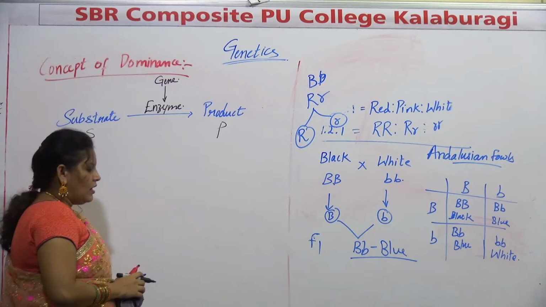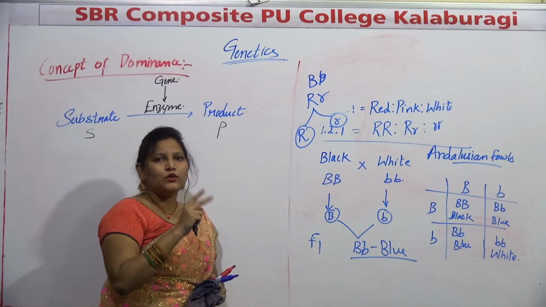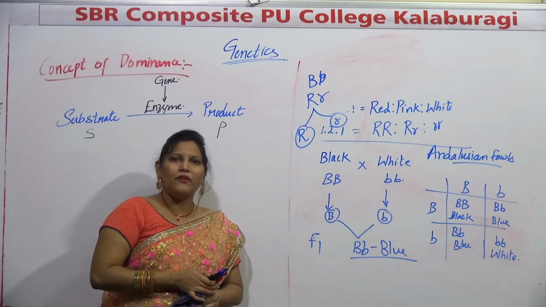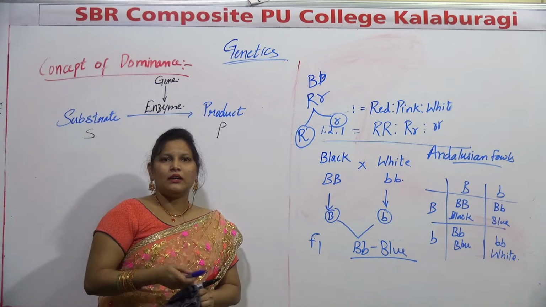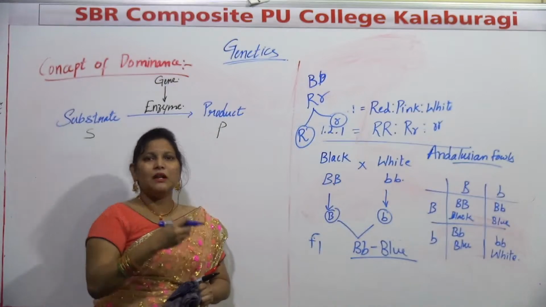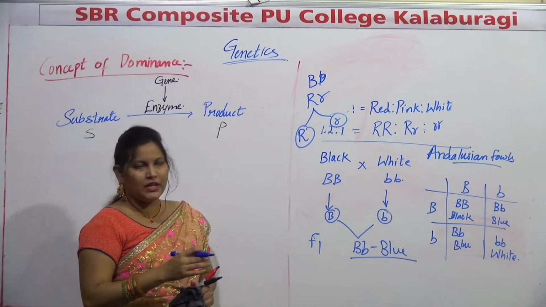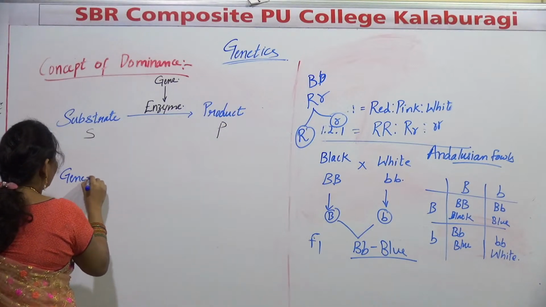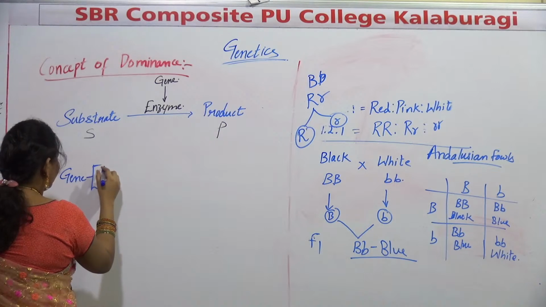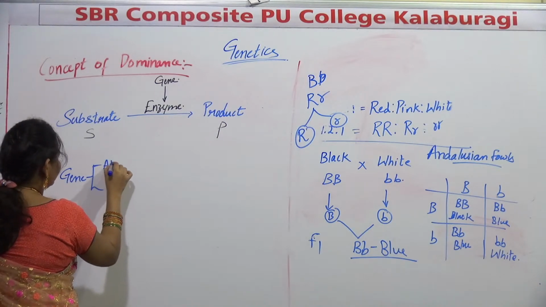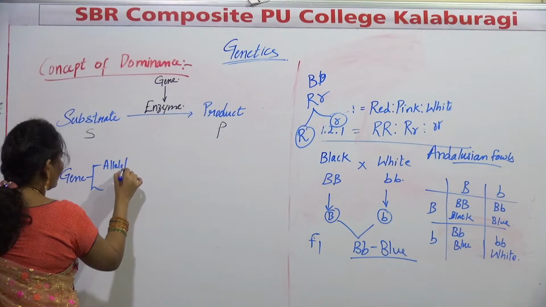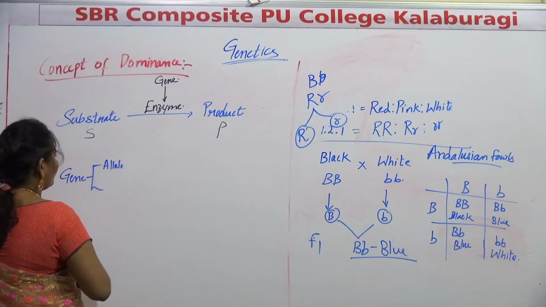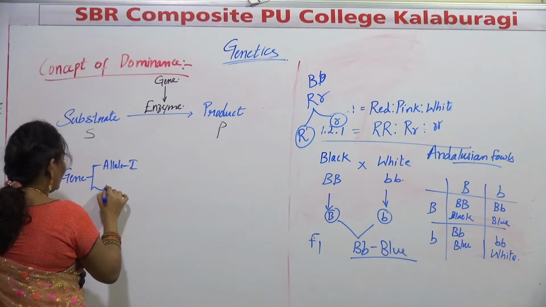Now, a gene will have two alternative forms called alleles. The visible variant of a character is known as a trait. This gene will have two alternative forms: allele 1 and allele 2.